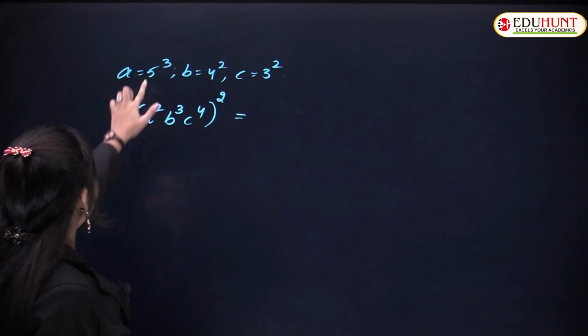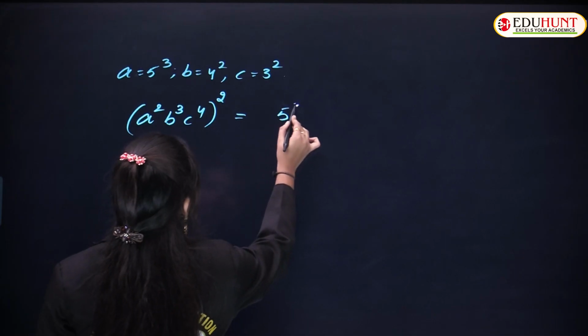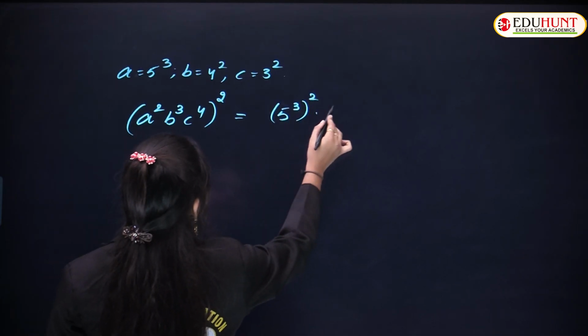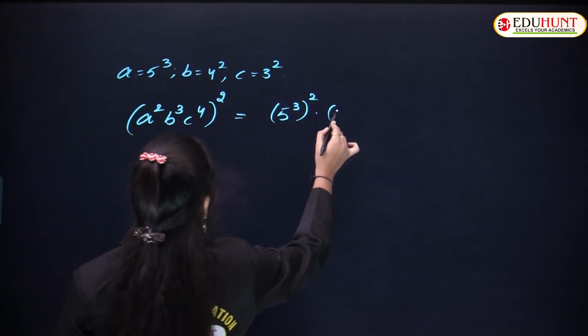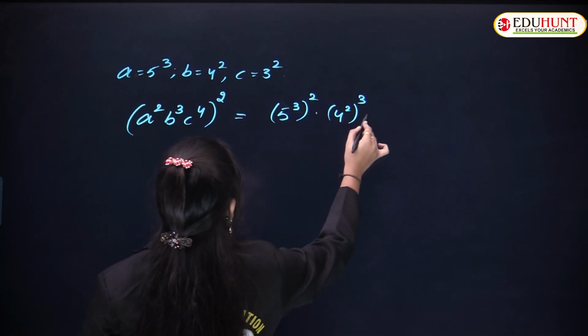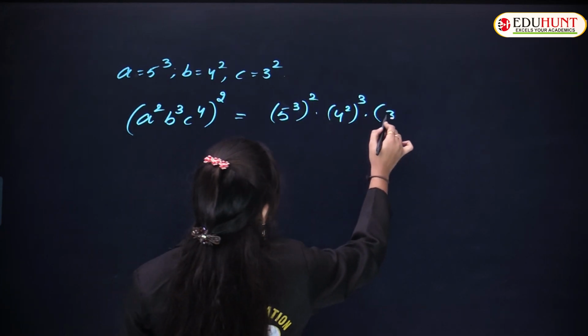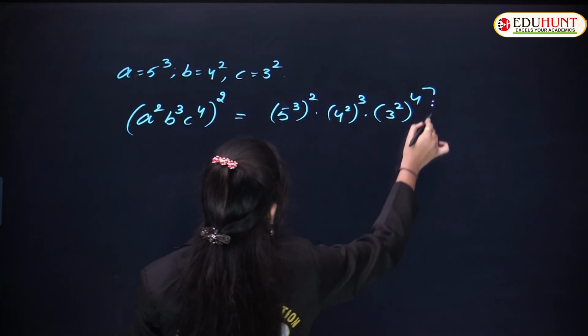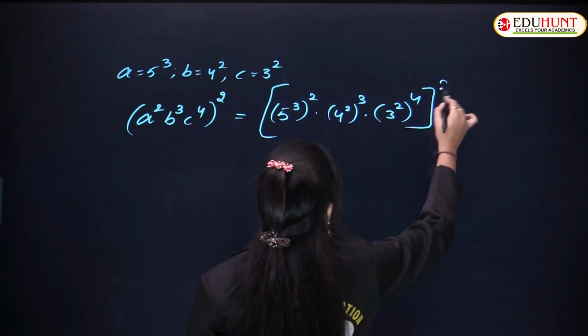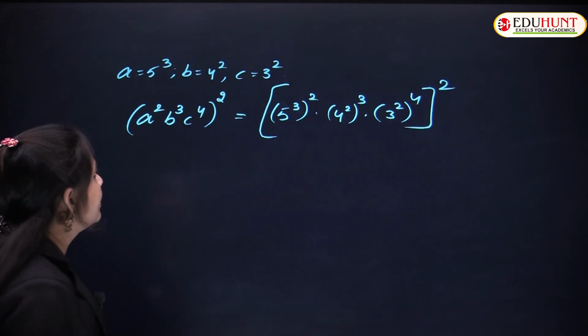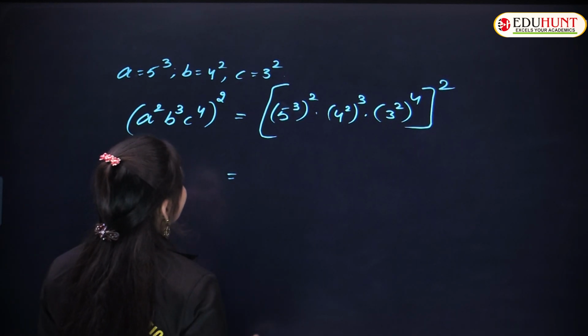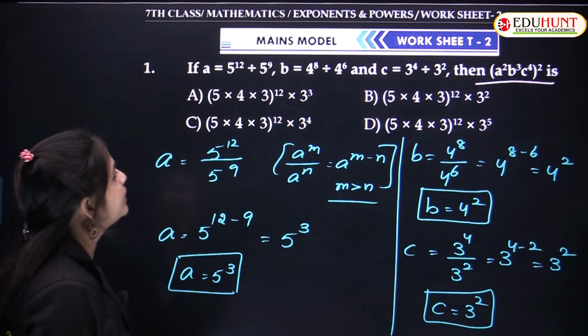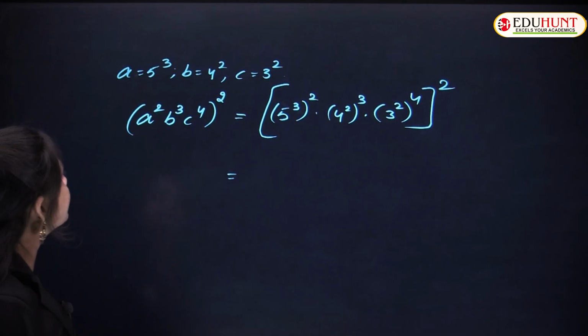Now here, A is equal to 5 cube whole square into B is equal to 4 square whole cube into C is equal to 3 square whole power 4 whole square. Now see that this is in the form of, actually without simplification they have given.